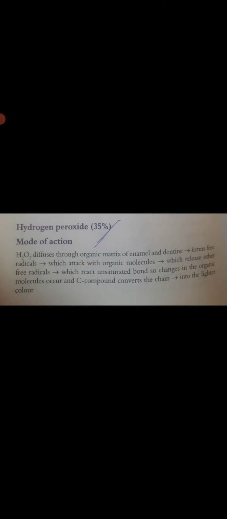When they change into light molecules, they reflect less light, and the tooth looks white. The mode of action of hydrogen peroxide is that it diffuses through the organic matrix of enamel and dentine, then forms free radicals which attack organic molecules. The mode of action of bleaching agent is oxidation.